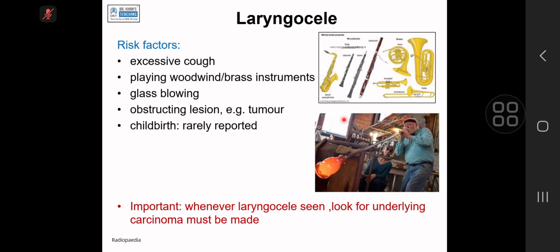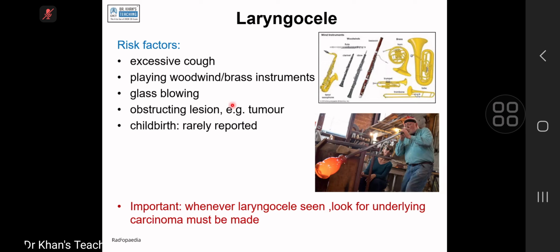What is the etiology? Look at these musical instruments. Look at this glass blower. Excessive coughing can be a cause, but other than that, playing wind or brass instruments, glass blowing, and an obstructing tumor. This is very important.